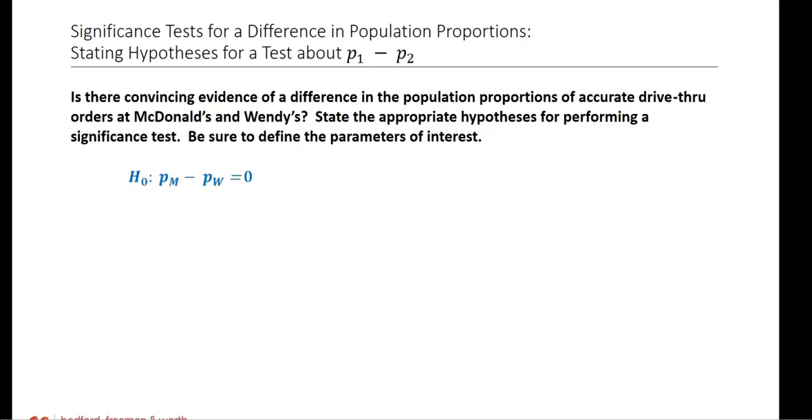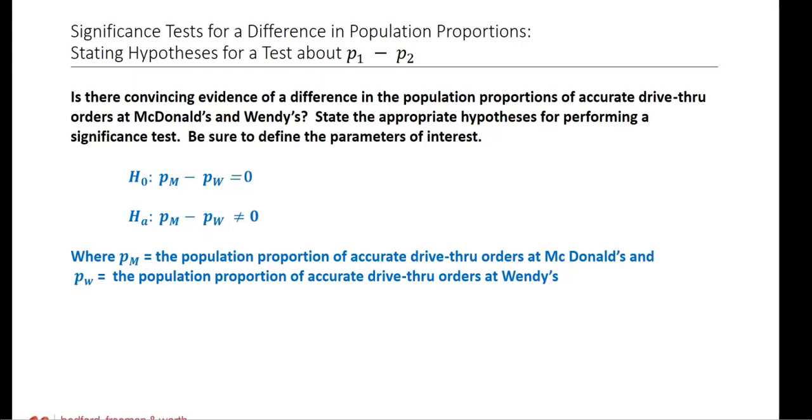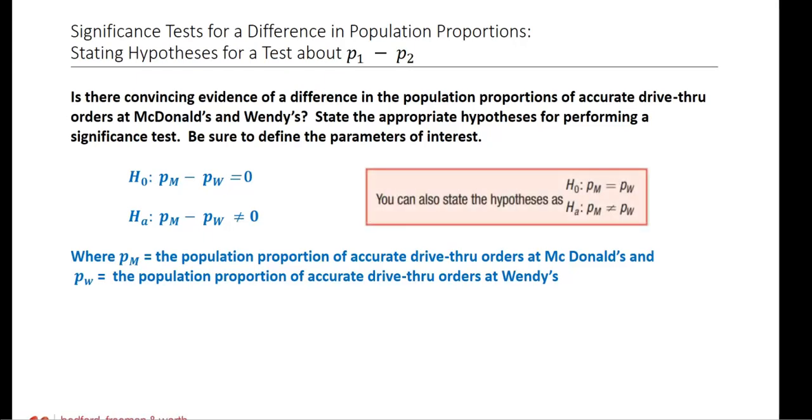Either one is okay. And it just said, is there convincing evidence of a difference? It didn't say McDonald's is better than Wendy's or vice versa. So I think the alternate would be not equal to. You also could have stated over here. I probably would have done the one on the right there.